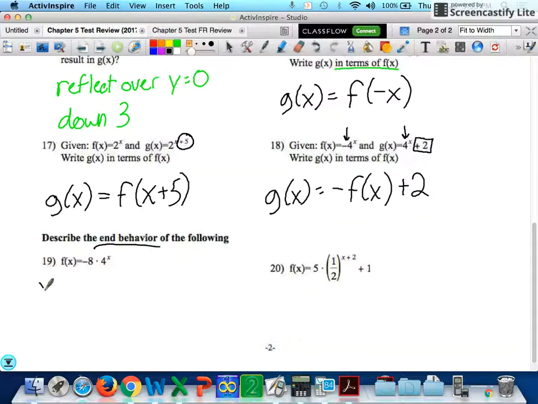We learned that it always starts out with x as it approaches negative infinity. This means left half or left side. X approaching positive infinity, that's our right side.